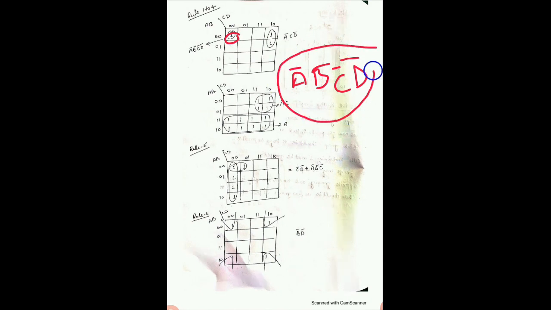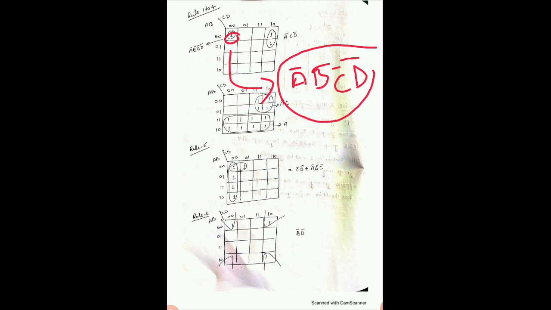Firstly, we have to make a 4 variable K-map. Now suppose there is this one only, a single 1. So you have to write the algebraic form. Corresponding to 1, we will see on the left, then we can have A bar B bar.